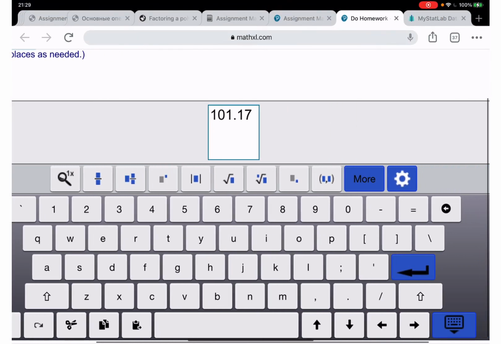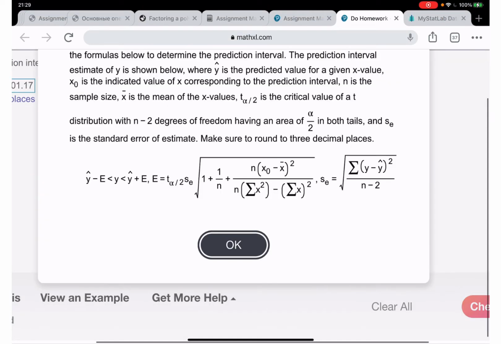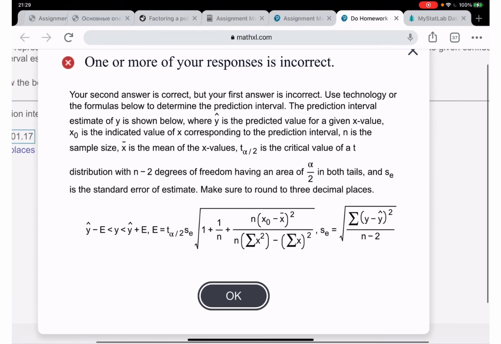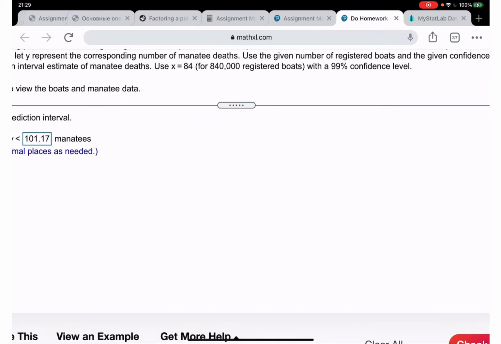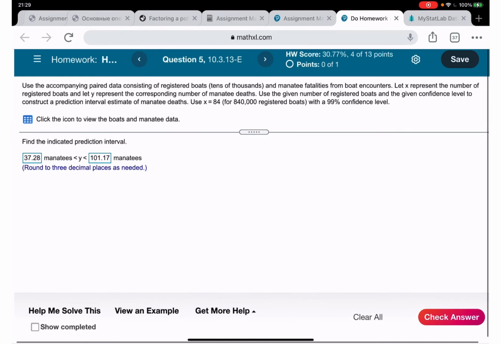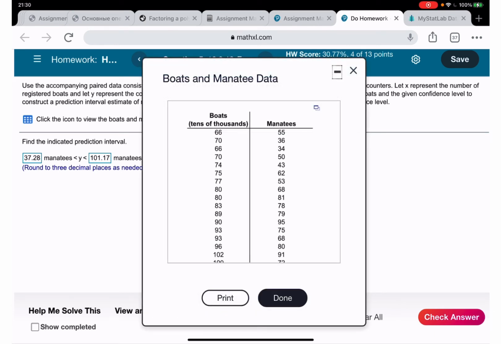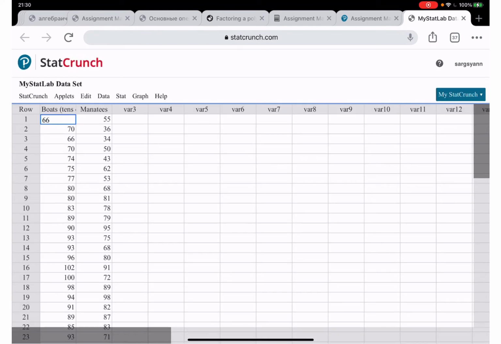Okay. What is wrong? Let's double check again. Ah, 3 decimals. Duh.